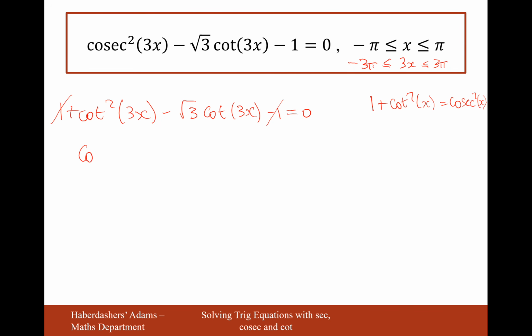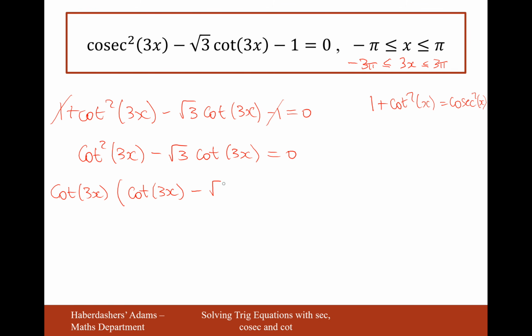So it's going to be cot squared 3x minus √3 cot 3x. Now we don't cancel out a cot here, we factorize out a cot here. So it's cot 3x brackets cot 3x minus √3 equals 0.